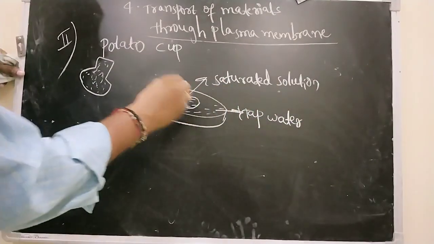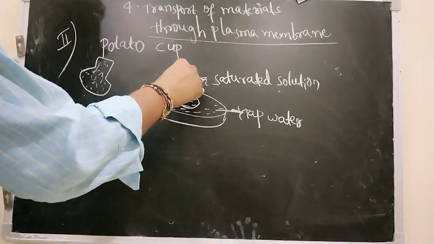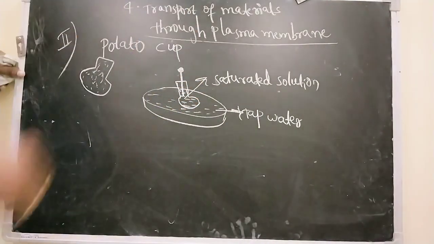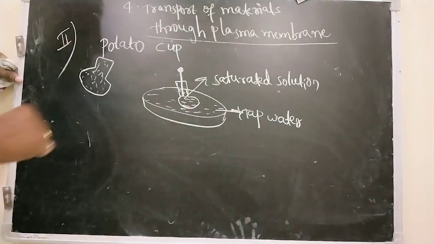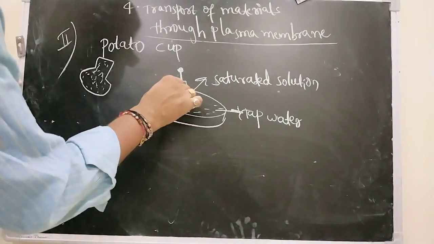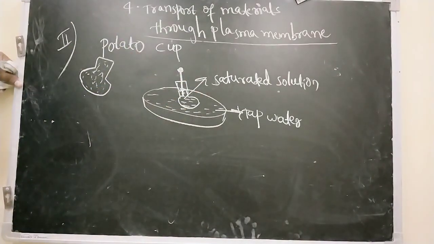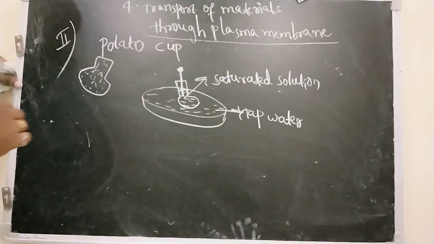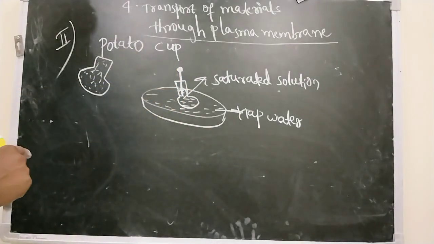Right. Now what we have to do is take a pin and pierce it into the potato cup, and mark the level of water up to where the water level is. Just mark the water level and leave it for a few hours. Actually we know who needed water here.